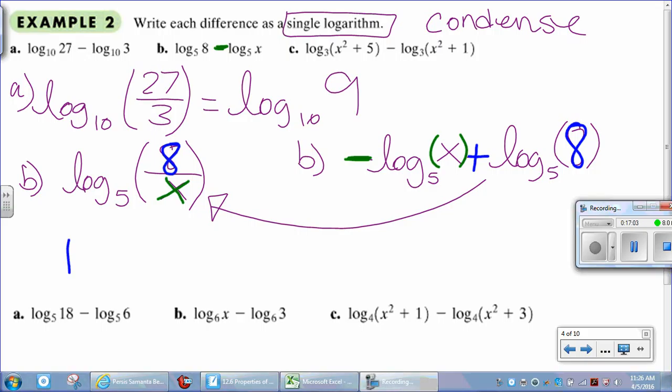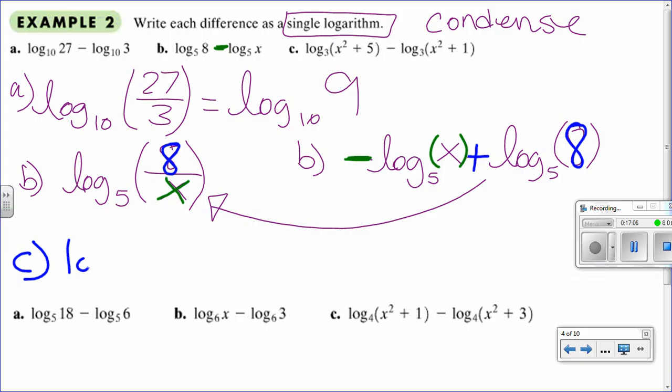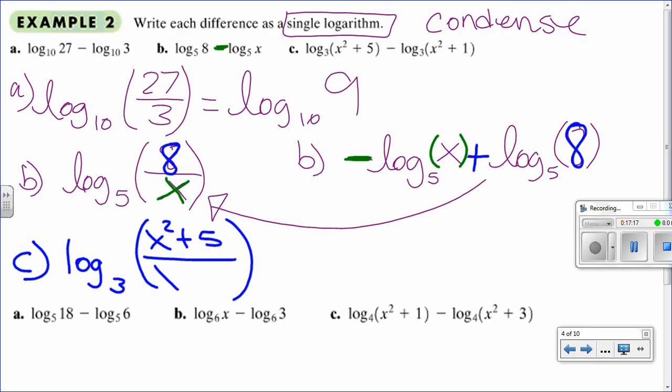We did skip part C, so let's go ahead and take care of that. So that will be log base 3 of the quotient x squared plus 5 over x squared plus 1. And then we're going to simplify, so we cross out the x squares, right? No. This is not allowed, because they're terms, not factors.